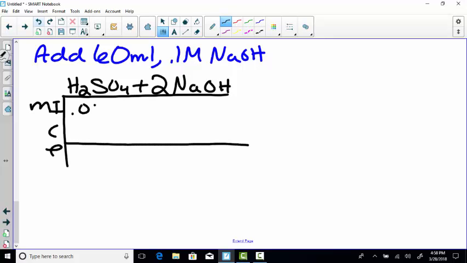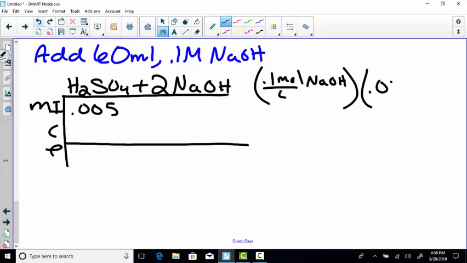This is still 0.005. Okay? And now I have 0.1 mole per liter of the NaOH times 0.06 liters. And hopefully you can start seeing what is actually going on here.